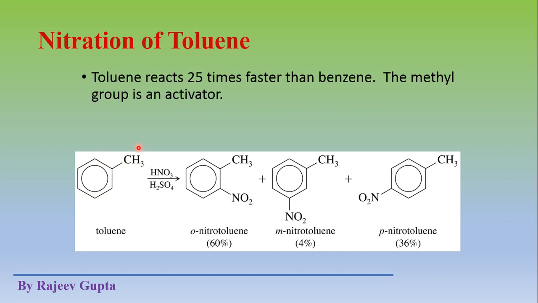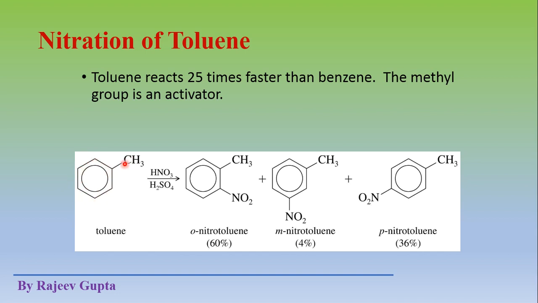Also this group has another effect which is called hyperconjugation, which is also called non-bonding resonance, where carbon hydrogen sigma bond breaks in methyl group and negative charge comes on the methyl carbon atom, and this negative charge moves into this ring and increases the electron density in this ring.